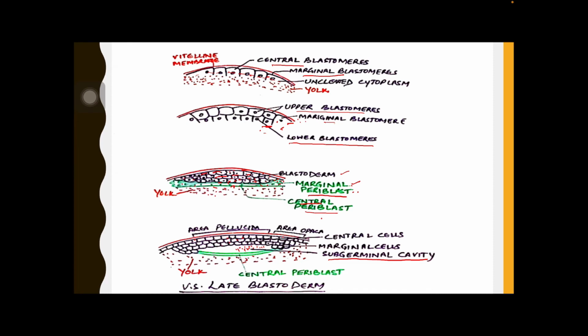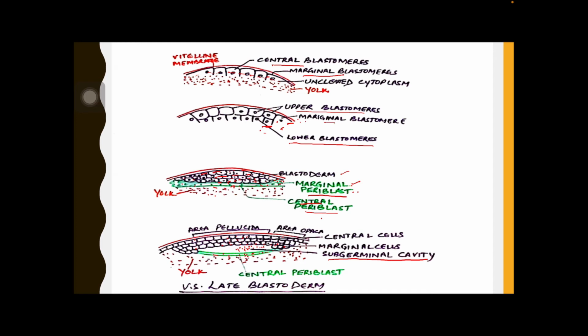तो इसकी जो roof है subgerminal cavity की, that is formed of the cells of the blastoderm, and the floor is formed of cells of the central periblast जो है, it forms the floor of the subgerminal cavity, और इसकी जो sides हैं subgerminal cavity की, they are composed of, यहाँ पे क्या present है, marginal cells present होते हैं, right?